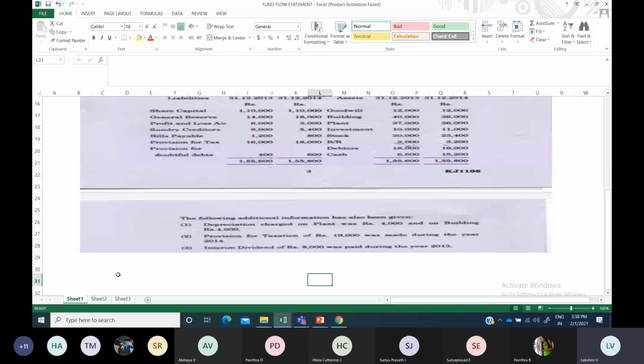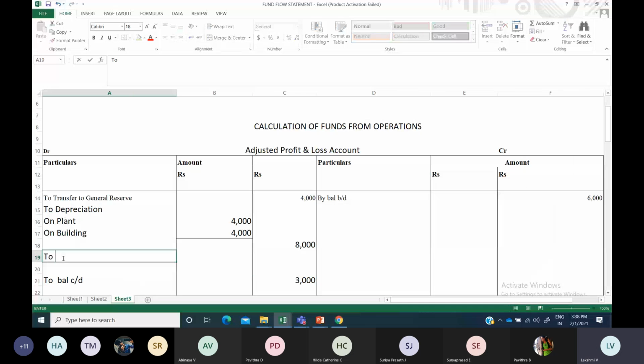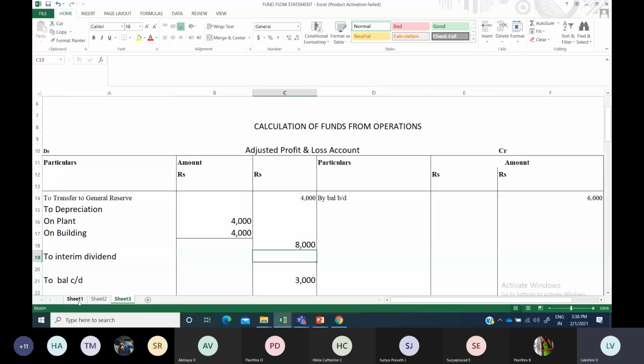Interim dividend, 8,000 rupees, you just mention here. Provision for tax I will take later on, and how to prepare the plant account, building account, everything, I will take in the next session.